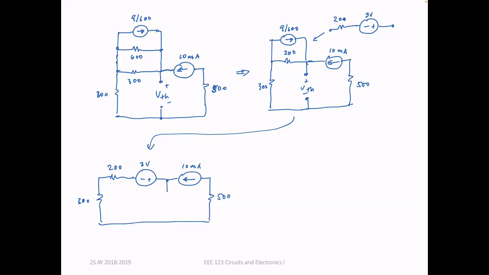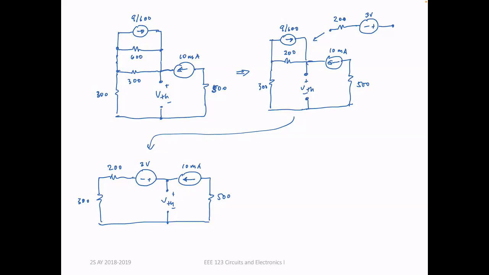And I'm trying to determine VTH. So now you see that it's quite easy to determine VTH. I know the current flowing through my loop that is dictated by my current source. So I can get the voltage across my 200 ohms, I can get the voltage across my 300 ohms, and then I can do a KVL here. I can do a KVL there.